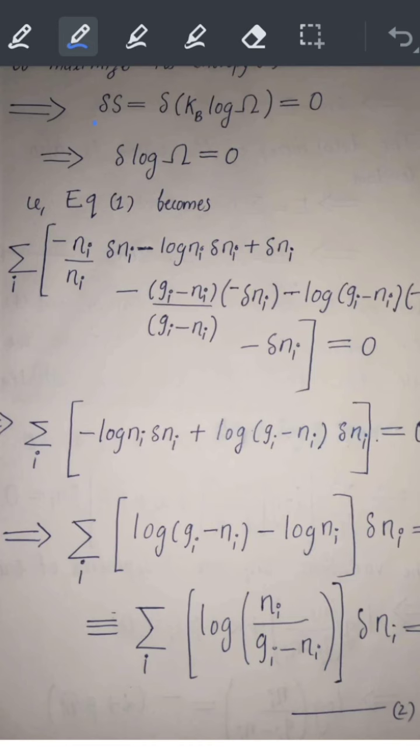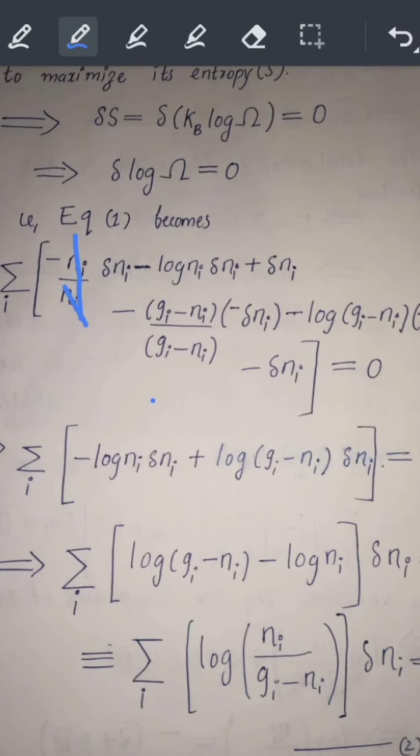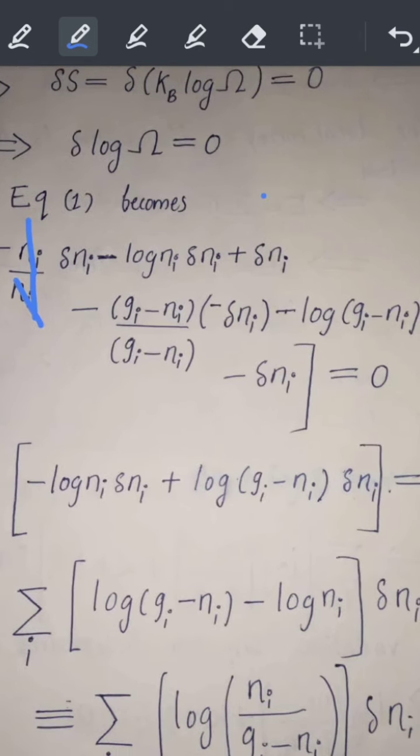You can see that this ni cancels to give minus delta ni here and a plus delta ni here.